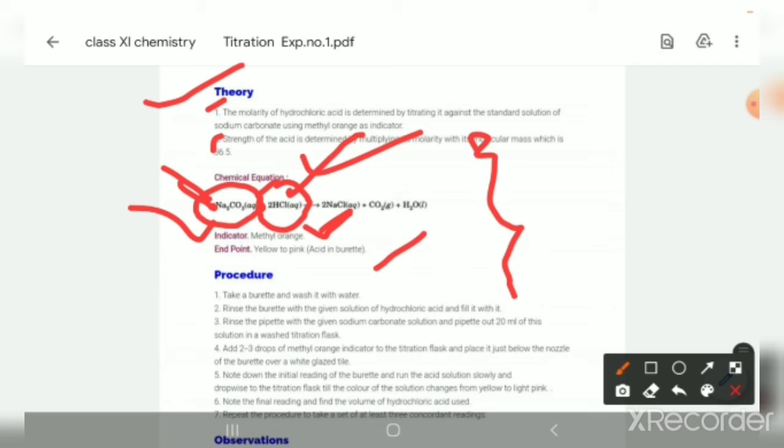If your solution becomes a permanent light pink color, then that will be the final reading of the burette, and you stop adding the HCl solution to your conical flask and note down the reading.